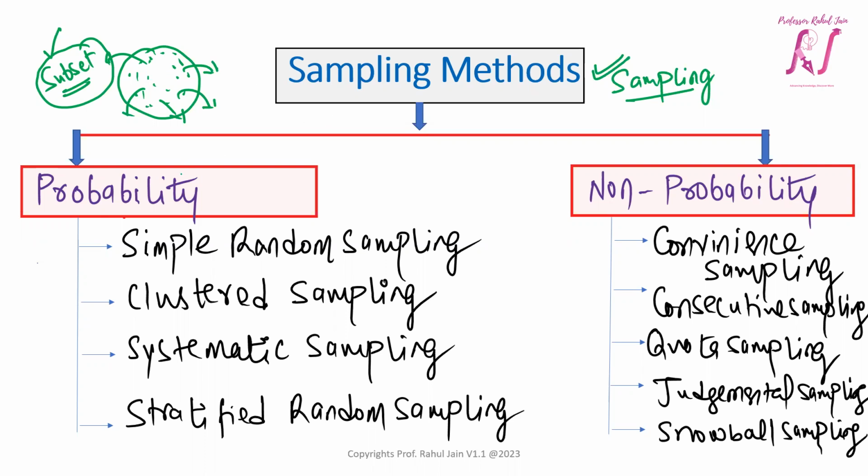The sampling methods are divided majorly into probabilistic sampling and non-probabilistic sampling. So let's understand what probabilistic sampling is.